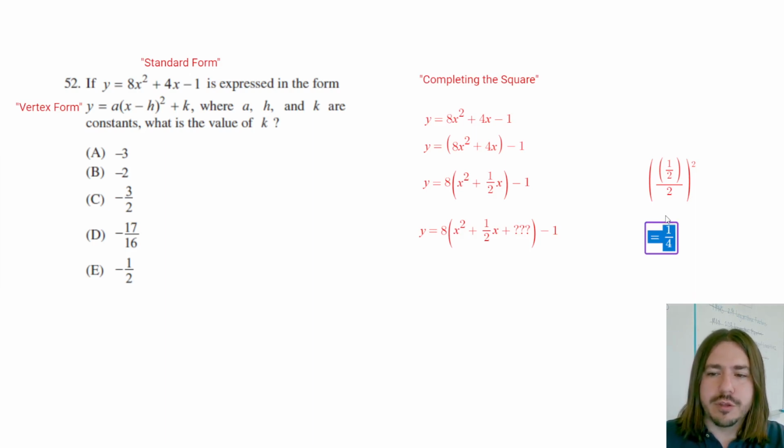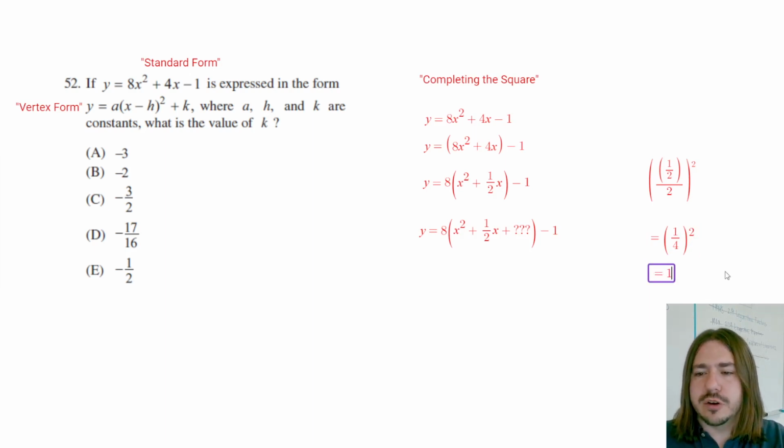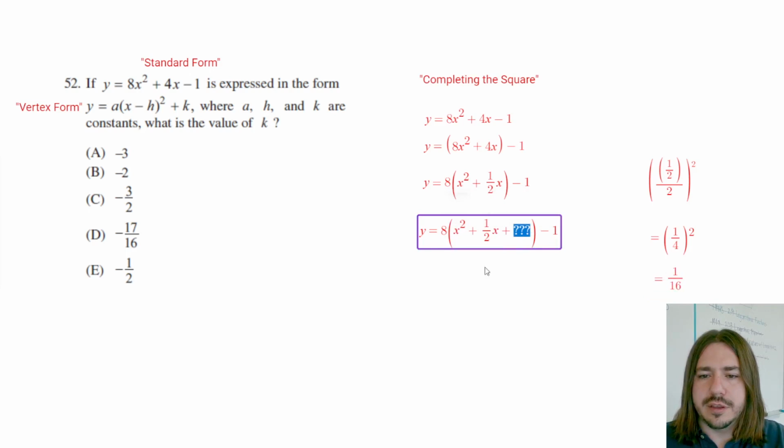So you get 1/4, and we need to square that. Whenever you square a fraction, you're squaring both the numerator and the denominator separately. So 1 squared is 1, and 4 squared is 16. So the number we want to put here is 1/16.